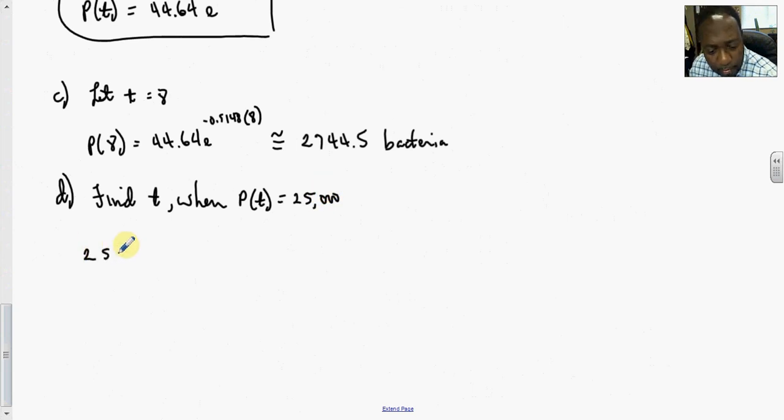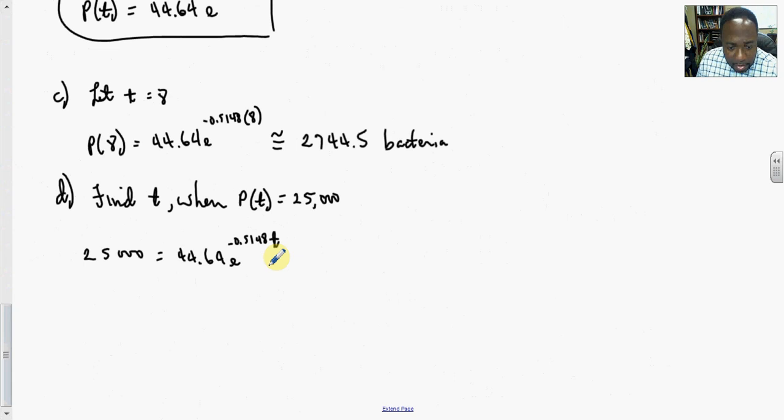So we have 25,000 is equal to 44.64 times e to the negative 0.5148, not times 8, times t. Can't always look at the previous problem. Times t, solving for t.